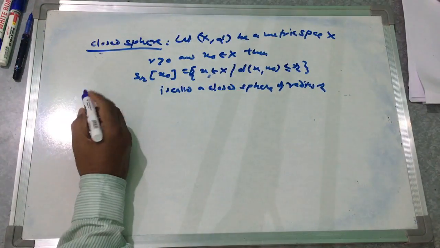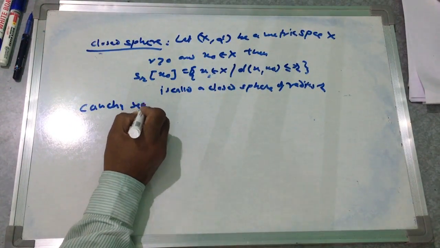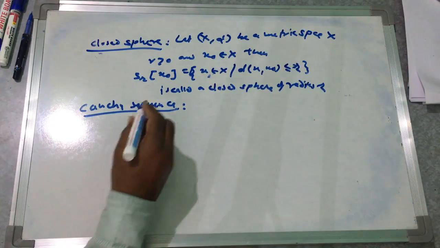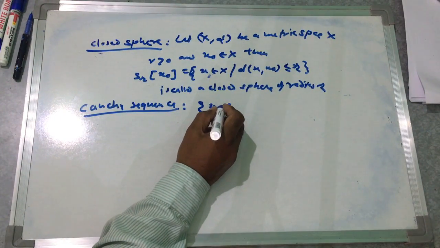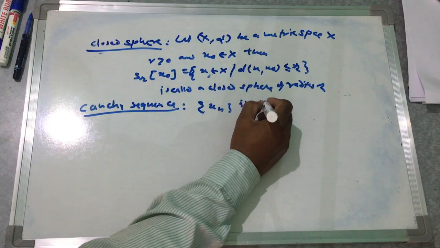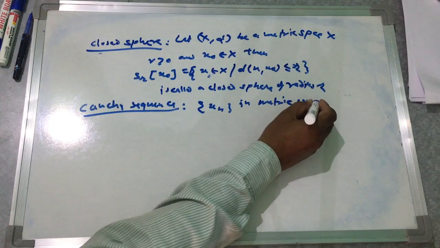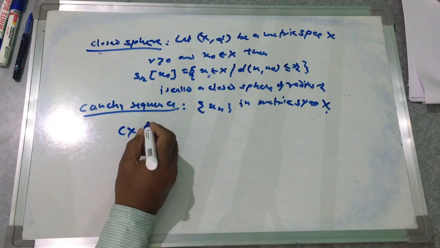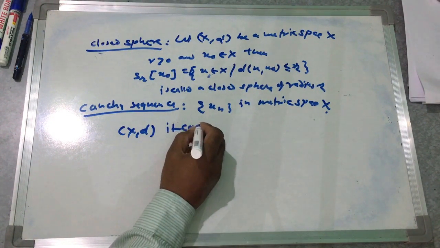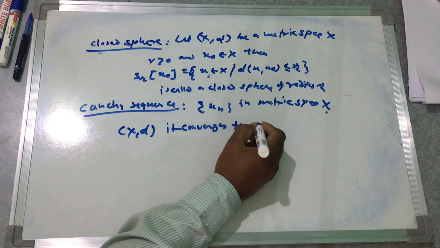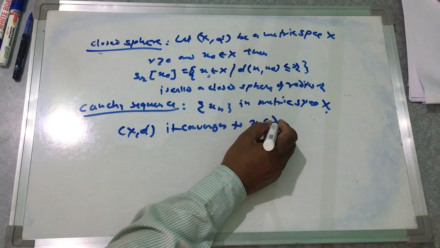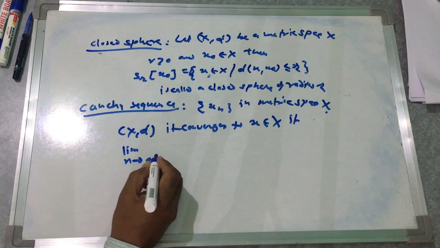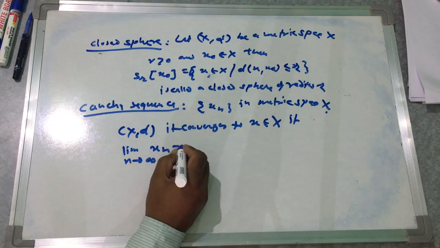the point, Cauchy sequence. We say that the sequence xn in the metric space (X, d) converges to small x belonging to capital X if the limit as n tends to infinity of xn is equal to x.